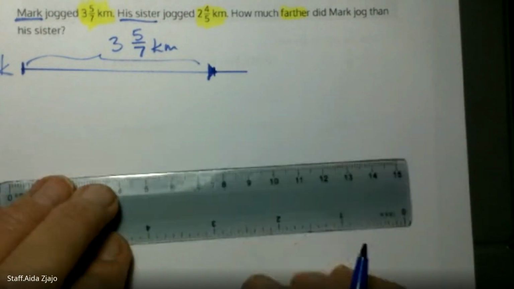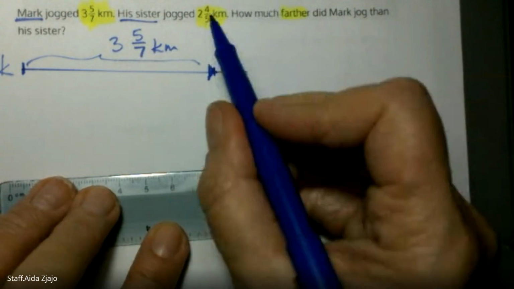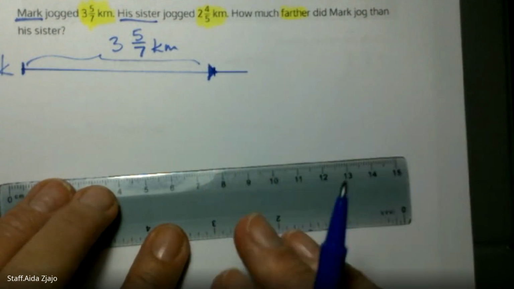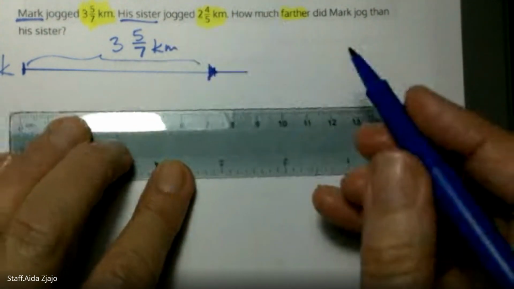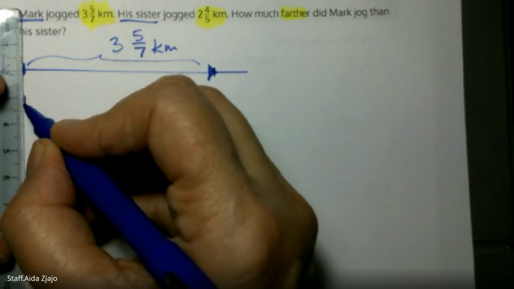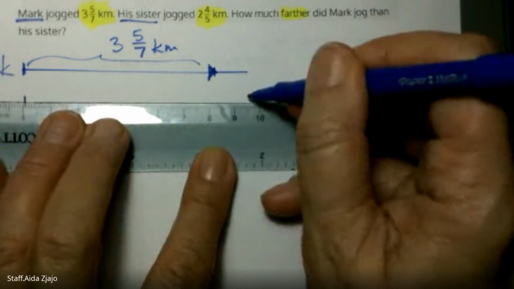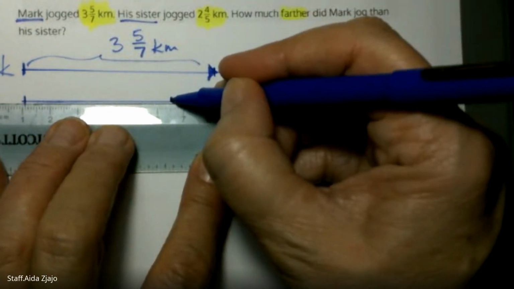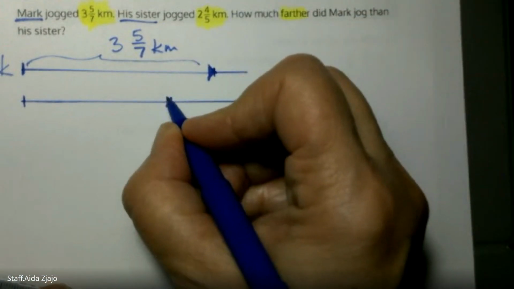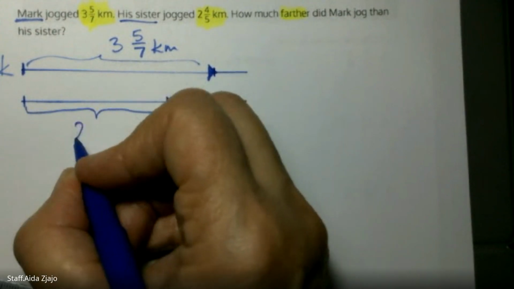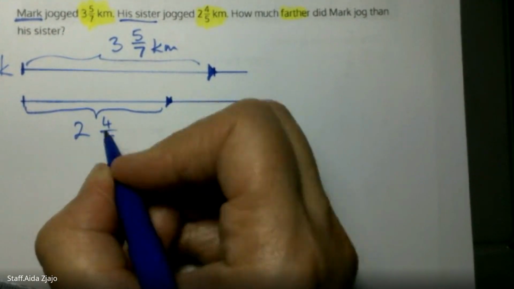And then his sister ran a little bit less, 2 wholes and 4/5. 4/5 is almost 3 wholes. So let's pretend that this number line is his sister, and she is about till here, maybe. So that was hers, 2 4/5, sister.